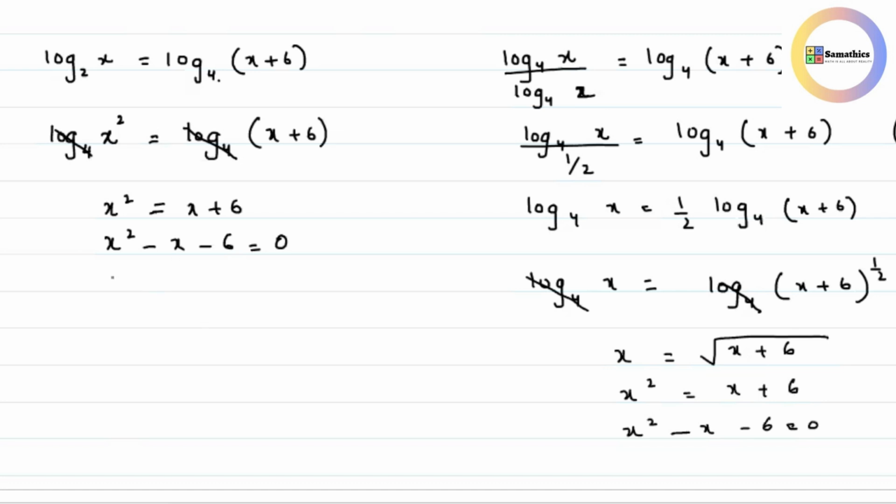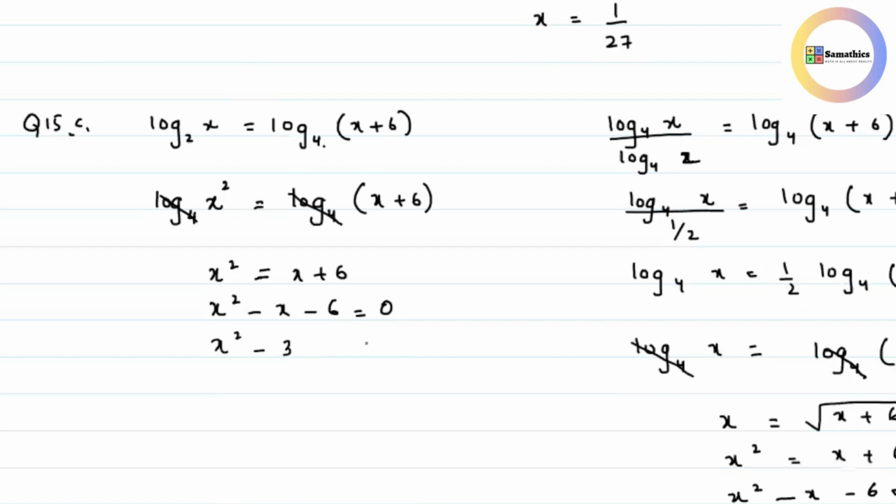And then we will solve it by middle term breaking: minus 3x plus 2x minus 6 is equal to 0. x minus 3 plus 2, x minus 3, and then we have x plus 2, x minus 3 is equal to 0.